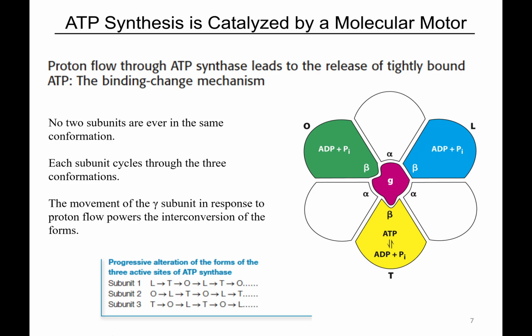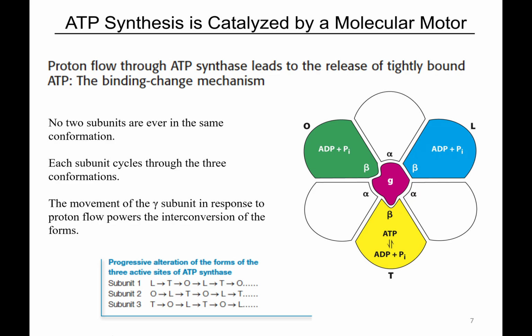Okay, so the idea here is that the gamma subunit in this configuration will create an ATP in this bottom beta subunit, the one in the T state. Okay, there will be an ADP and an inorganic phosphate locked in the L state, and the idea is that ATP has already diffused out of this one, and another equivalent of ADP and phosphate have rebound.